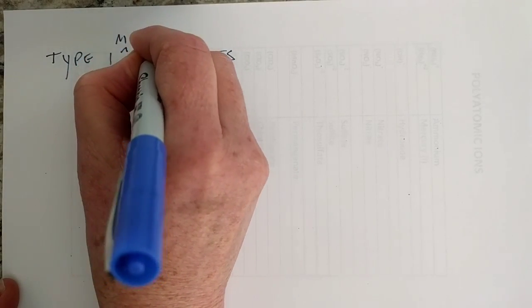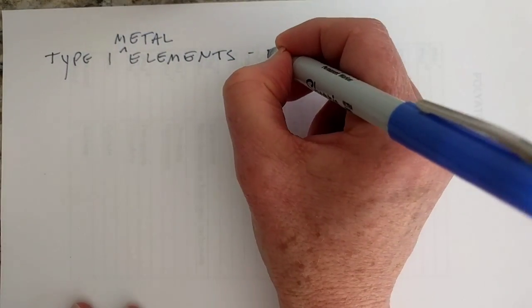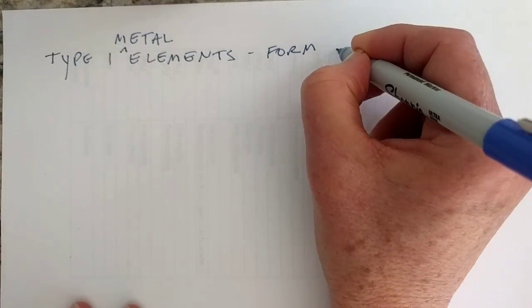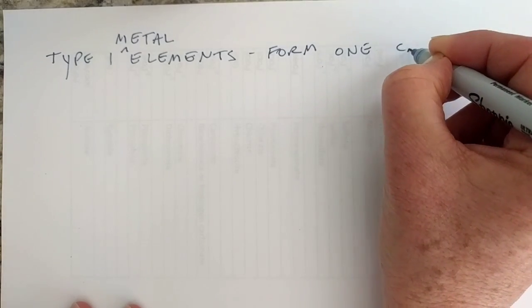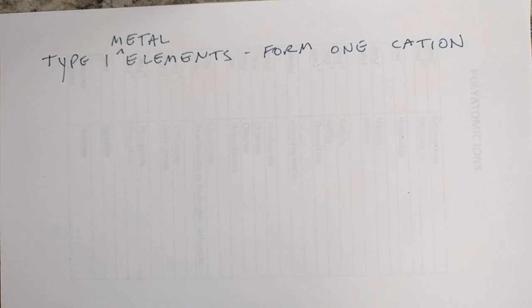We're just looking at metals now, to the left of the staircase. Our type 1 metal elements only have a single charge in compounds. So they only form 1 cation. So all of the metals that we've done so far are that type. The lithium ion is type 1. The aluminum ion is type 1. And everything that we've done so far on the table for our metals is type 1.